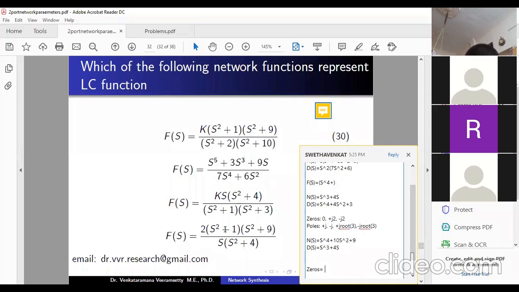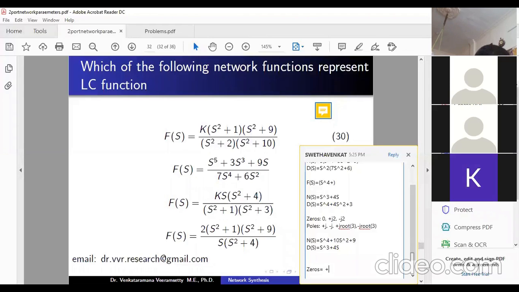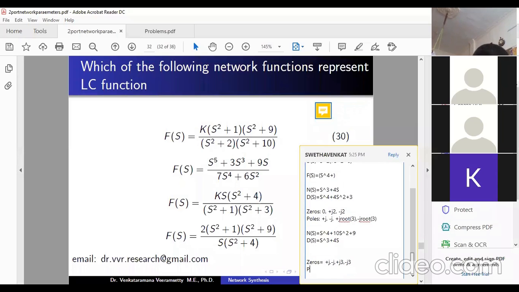So the zeros are plus j, minus j, and plus 3j, minus 3j. Similarly, the poles are 0, 0, plus j2 and minus j2.